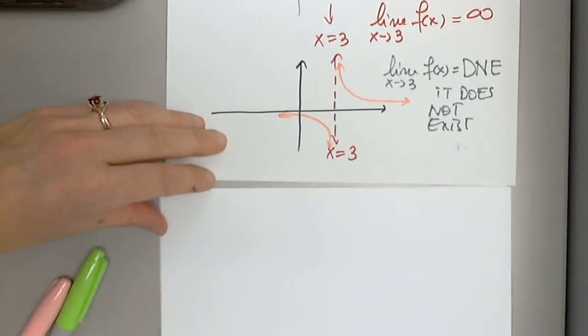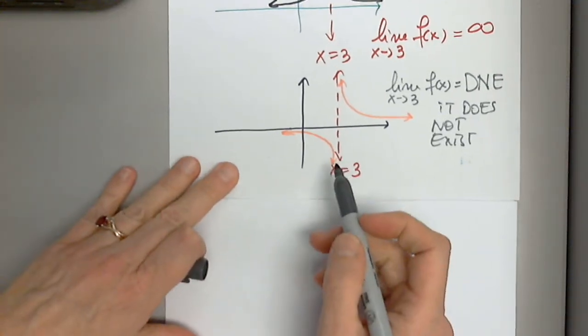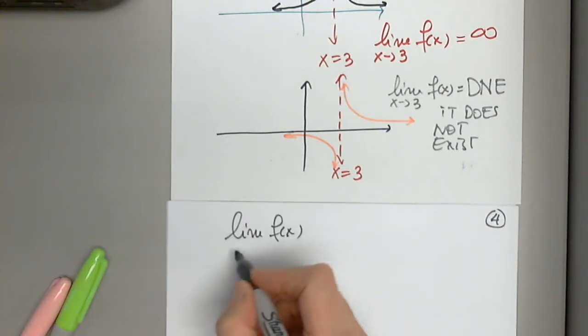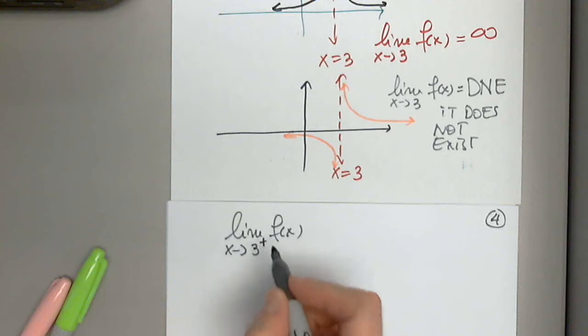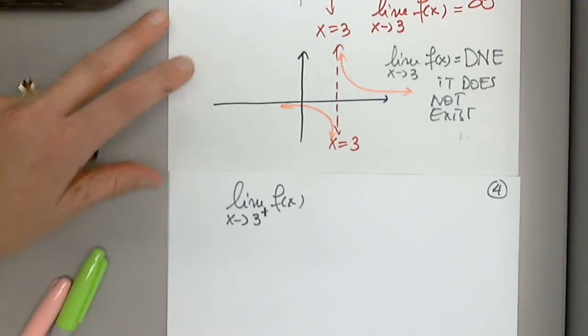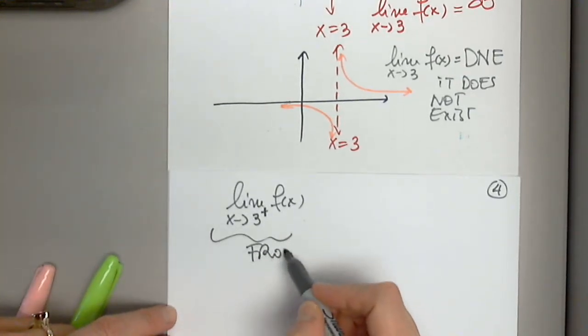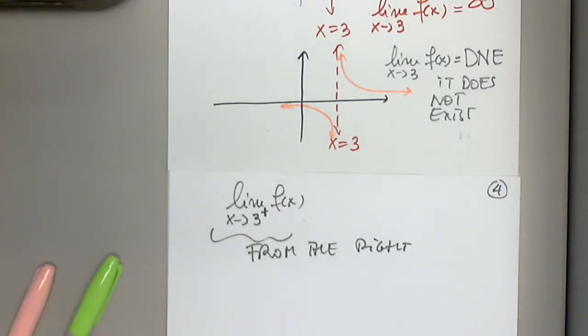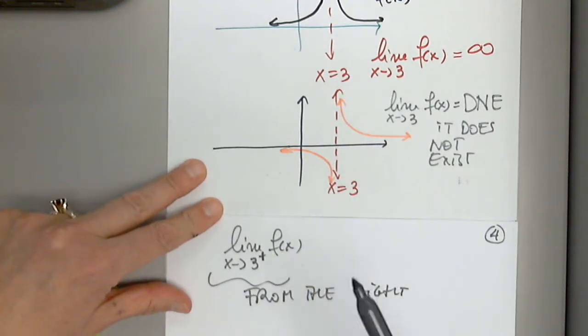Also, we have what we call left-hand side limits, left limits, and right limits. So for example, for the last function, I can write the limit of f of x as x approaches 3 and put a plus as the power. That means from which side? Yes, from the right, meaning with values that are larger than 3. For the previous graph, what will you say the answer would be?